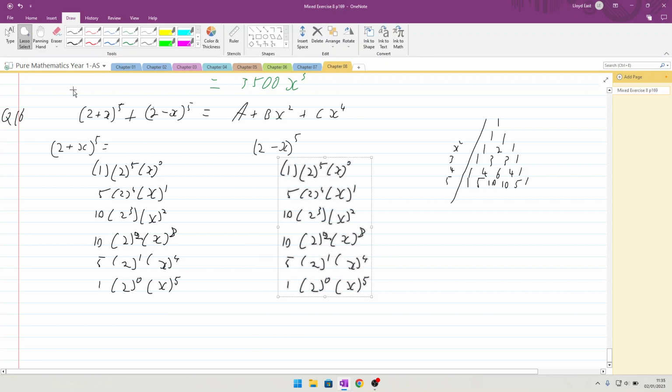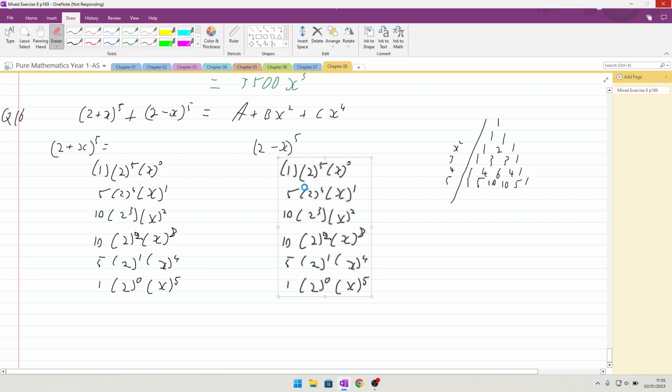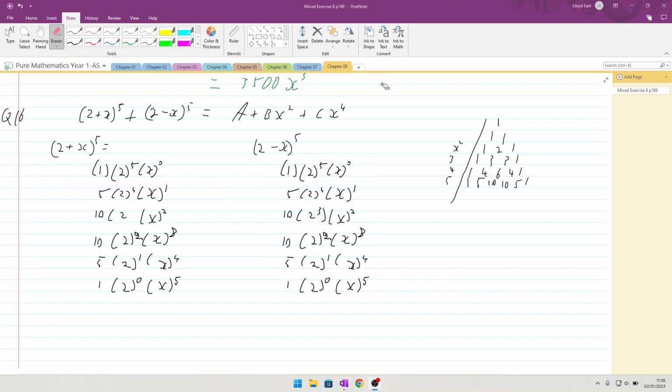but the only difference is that instead of a 2, it's going to be a minus 2, and the reason I'm changing that is because I want the minus 2 inside the bracket as we work this out.